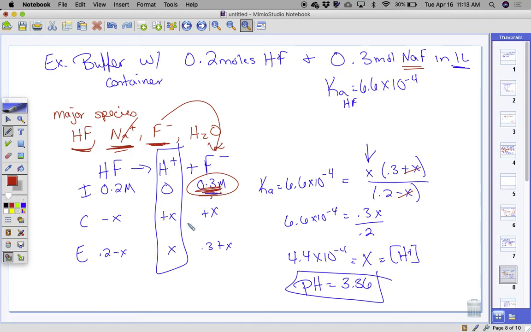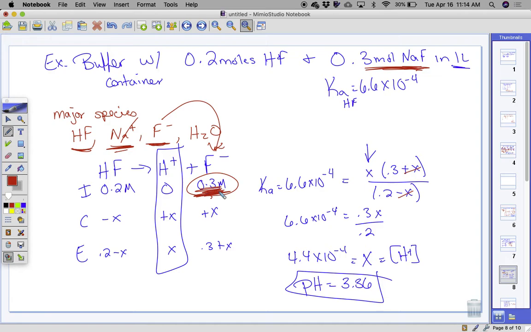That's why the F minus starts with a concentration instead of 0. On your do now, your H plus and your anion started at 0. Because there's a salt in there that has some F minus in it, this now no longer starts at 0. That's the difference. That is the buffering part.